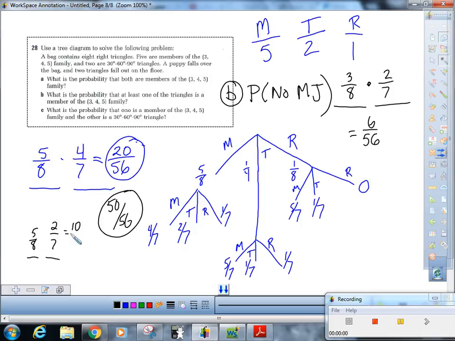So that's 10/56. However, we could also have a 30, 60, 90 on your first draw, 2/8, right? And the probability of a 3, 4, 5 on your second draw if we picked a 30, 60, 90 on our first? 5/7. So that's also 10 out of 56. And I add those together and I get 20 out of 56. Ellie, boom!